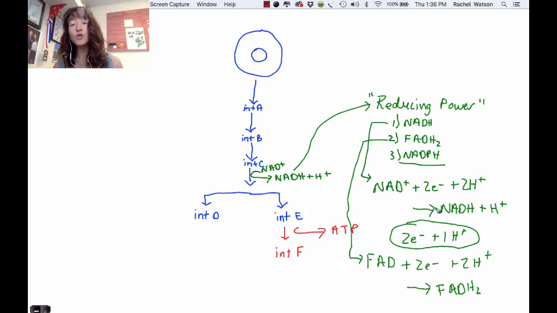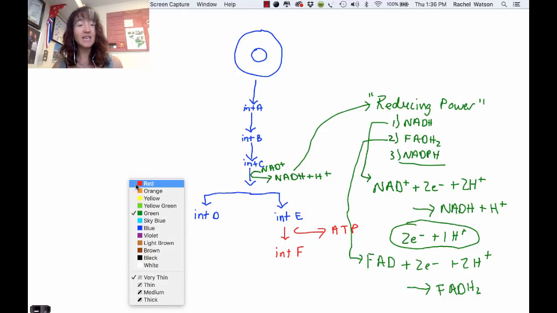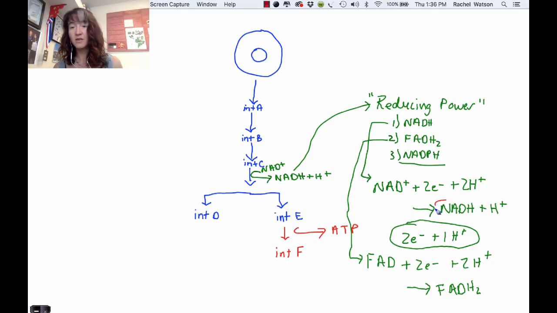However, the thing that unites NADH and FADH2 is that ultimately the electrons that they carry go to the electron transport chain. So NADH, remember that it is a pizza delivery cofactor, aka it's a co-substrate rather than a prosthetic group.